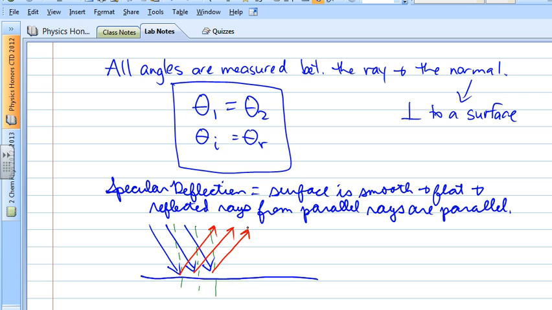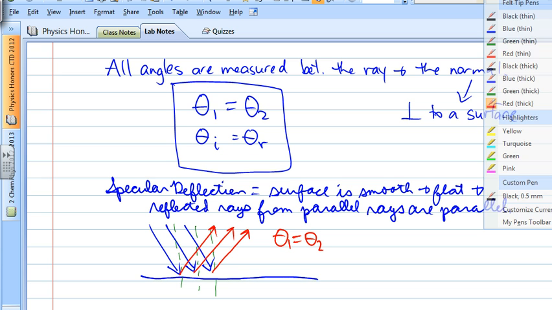Okay, so hopefully I did an okay job with that drawing. But for all of these, theta 1 equals theta 2. So incoming parallel rays are reflected and are parallel afterwards.